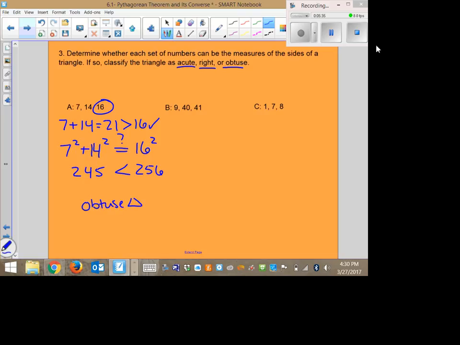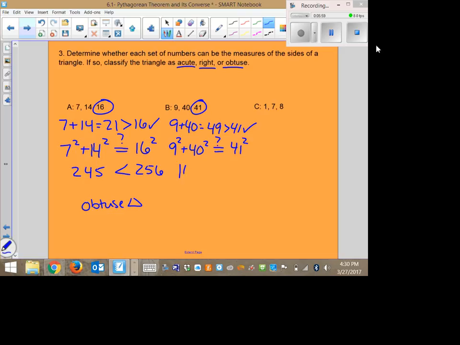All right, B here, checking 9 plus 40 is 49, which is bigger than 41. So it's a triangle. And now we want to check 9 squared plus 40 squared. Since 41 is our biggest, that's our hypotenuse. We want to know how that compares to 41 squared.